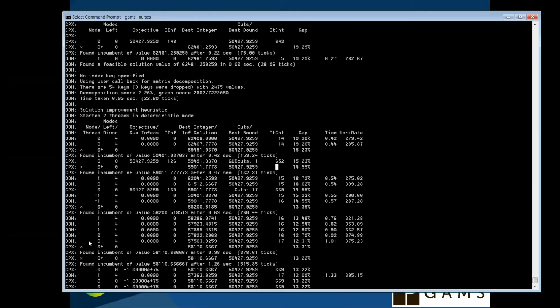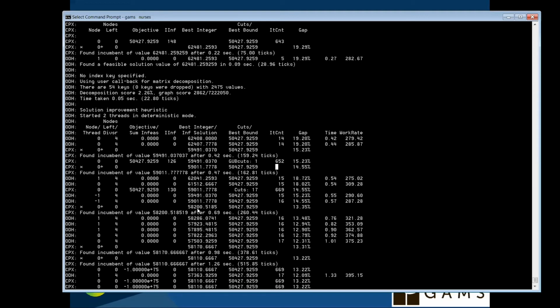Okay, now at this stage you can see CPLEX is still solving the root because we're at node 0. The plus sign there indicates that it's found a feasible solution, and that tells you what it is. Similarly, ODH is running and it is finding feasible solutions too.